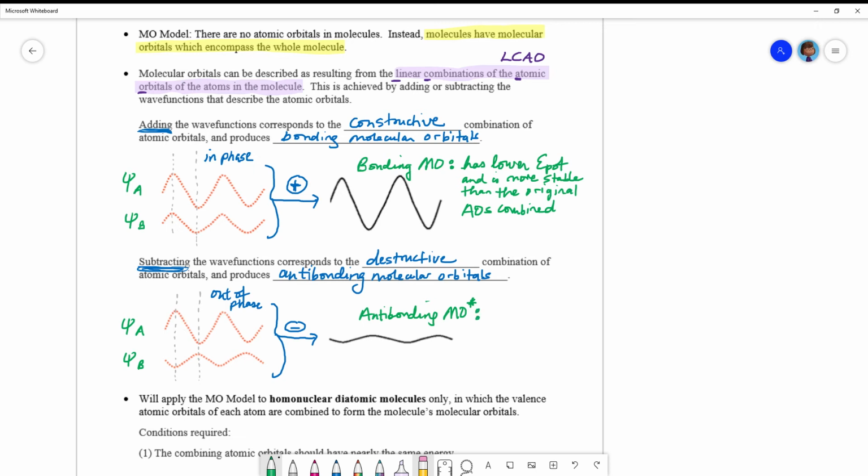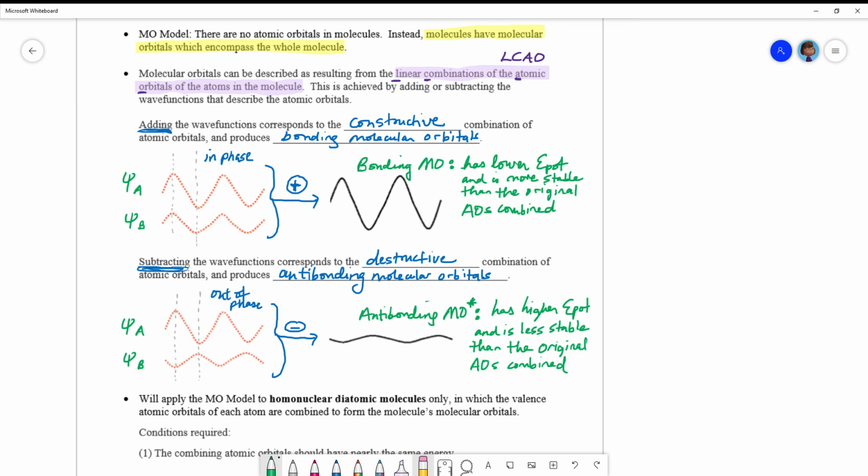And, well, maybe not surprisingly, antibonding molecular orbitals have higher potential energy and are less stable than the original atomic orbitals combined.